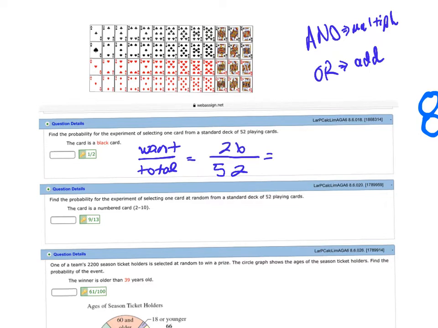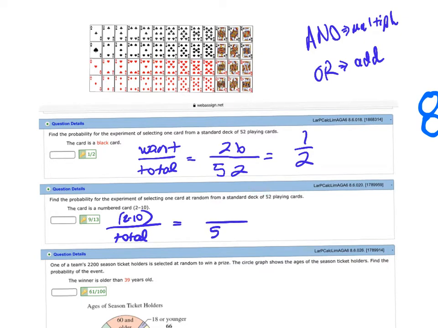I told you probability can be written as a fraction, a decimal, or as a percent. So you just have to match your answer to whatever the answer choices are. But 26 out of 52 can reduce to 1/2 or 50%. All right, second question. It's want over total. You want a 2 through a 10 out of the total. Well, how many total cards are in a deck?